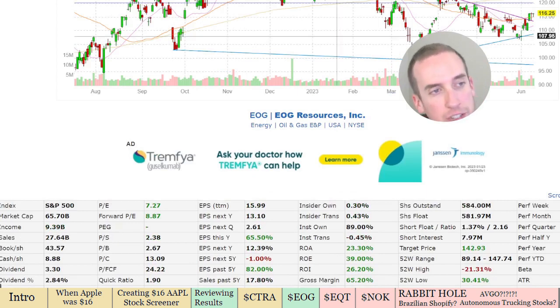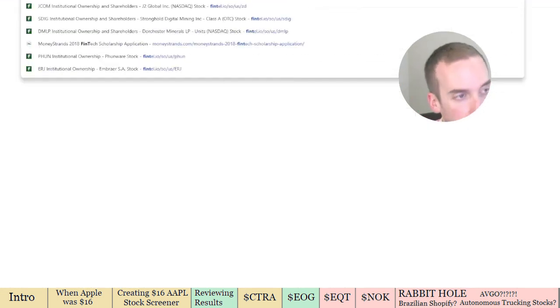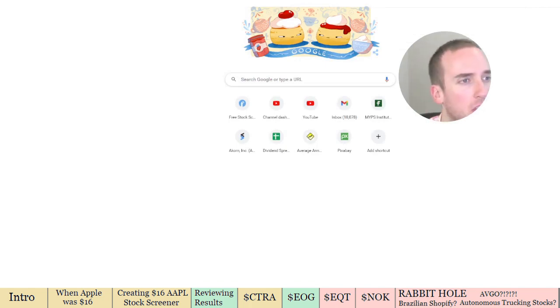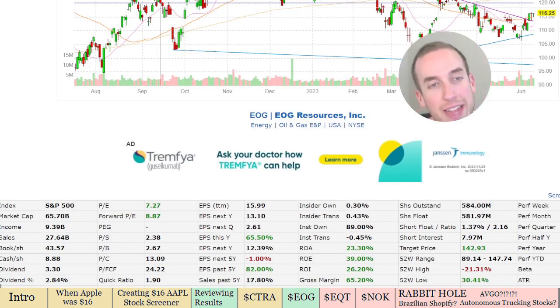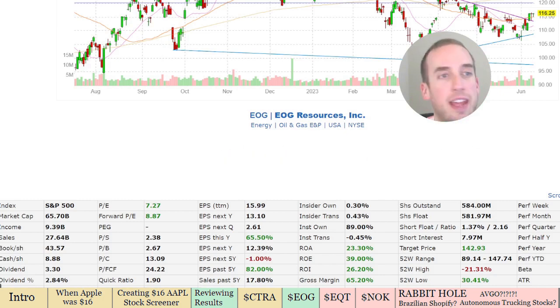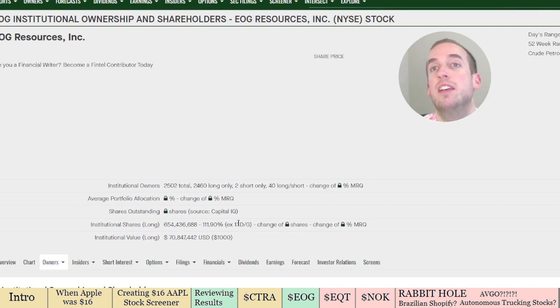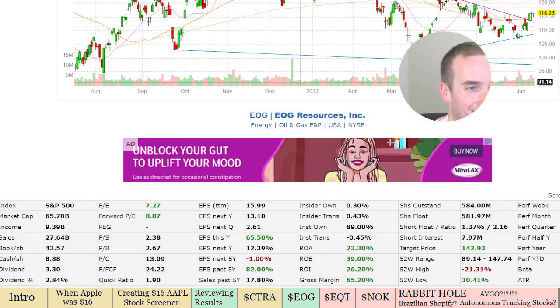And are institutions buying or selling? Let's just check. So this is the Fintel EOG. So old data shows that institutions own 89%, and new data shows that they own 111%, meaning they're buying, meaning I like this a lot.